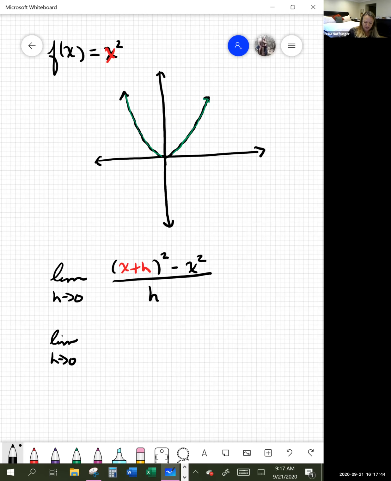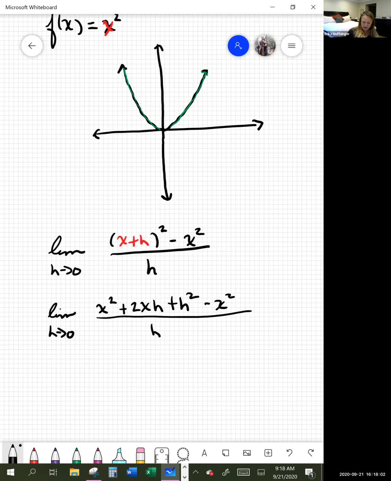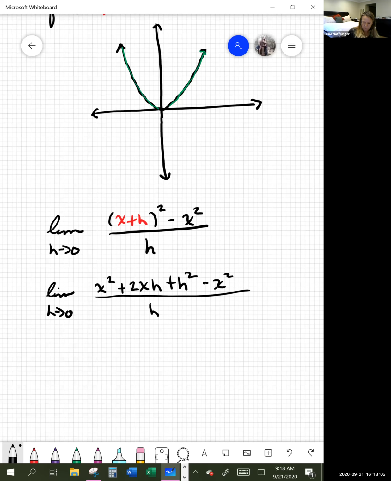If we distributed this out, x plus h times x plus h, for time's sake I'm going to skip ahead and write x squared plus 2xh plus h squared, minus x squared, all over h. Things cancel out: x squared and negative x squared go away. Here we have an h in common in the numerator, so we can factor one of those h's out and cancel it with the one in the denominator.